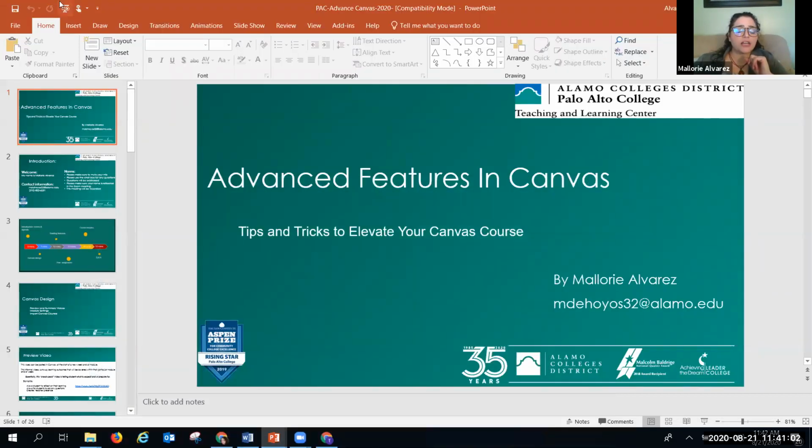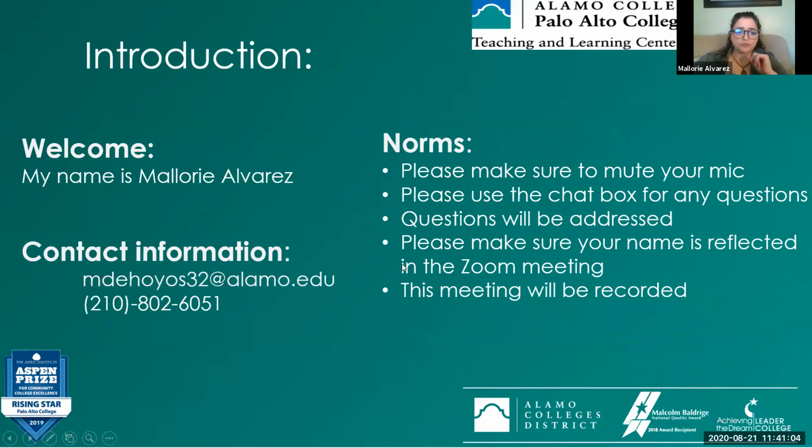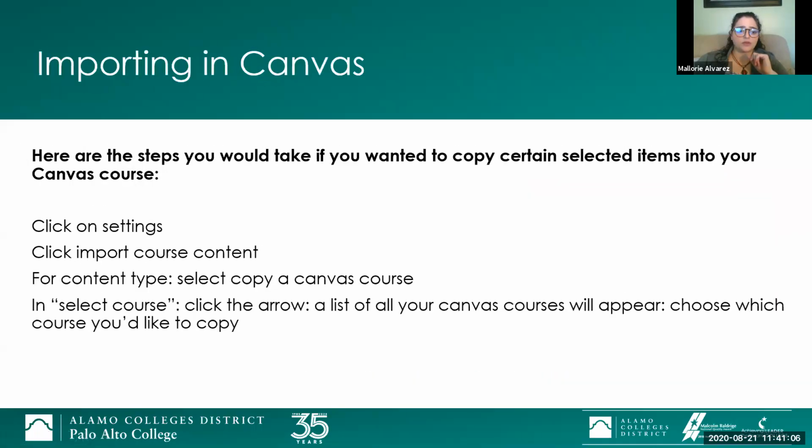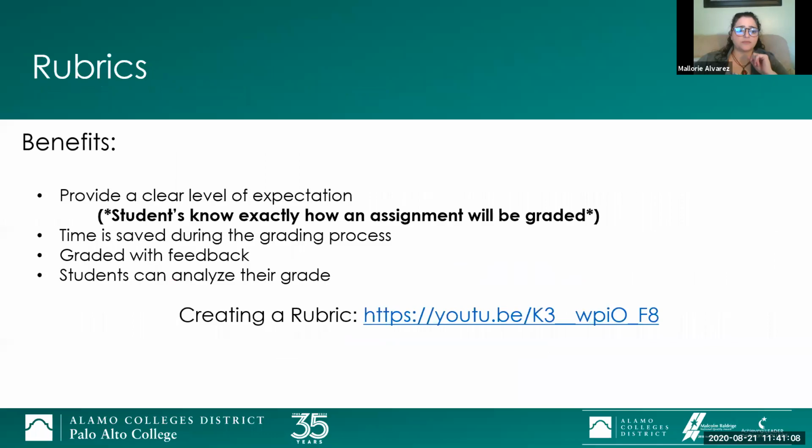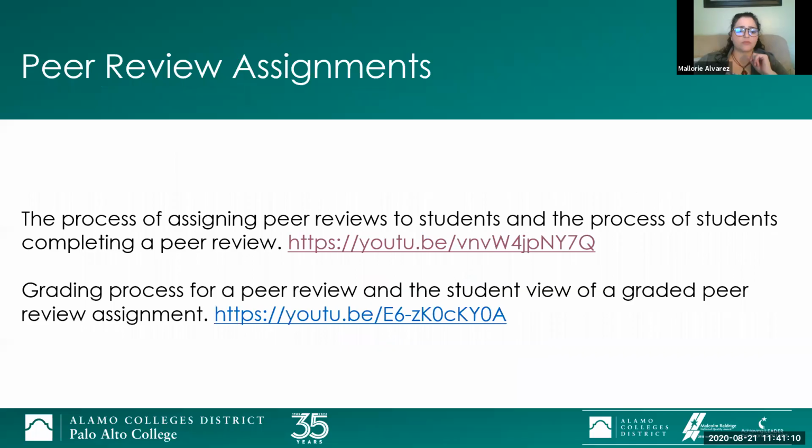Another item I wanted to play for you, go through this really quickly, was the grading process. So as an instructor, when I grade a peer review, what does that look like? And please keep in mind that if you make something a peer review, it's not going to be two separate grades.